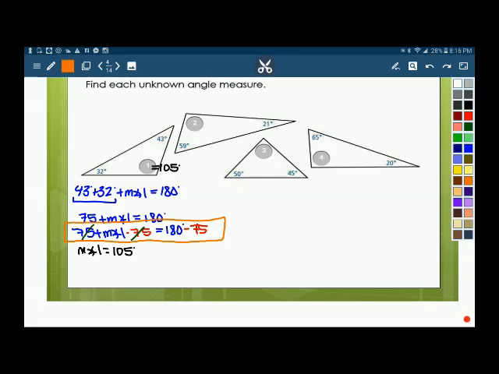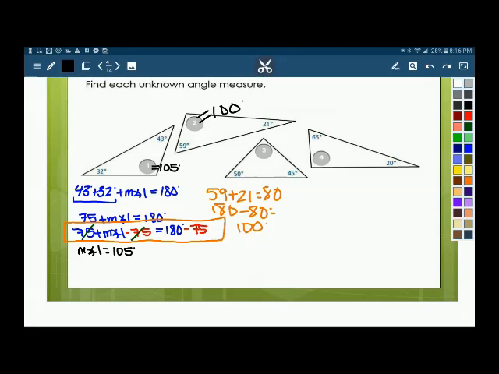I'm going to first do 59 plus 21, which is 80. And then in my calculator, I'm going to type 180 minus 80, and that's equal to 100 degrees. So the measure of angle 2 is 100 degrees.